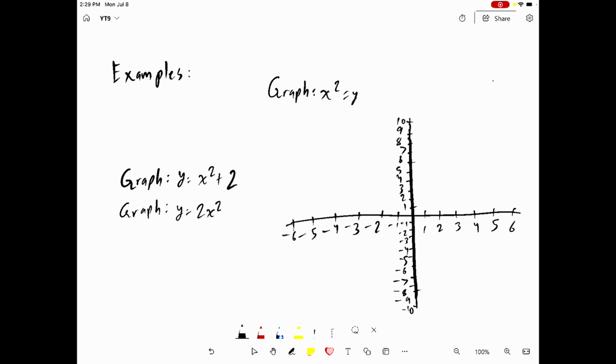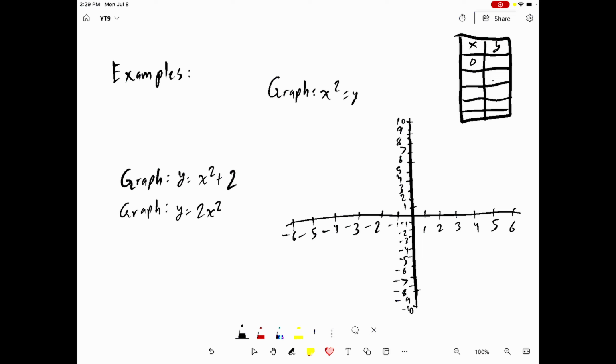So, how do we graph this? First, let's create a table. What we're going to do with the table is it's going to be like this, and we're going to split it up. This would be our split. I know it looks a little ugly, but trust me, it'll get the job done. x and y.